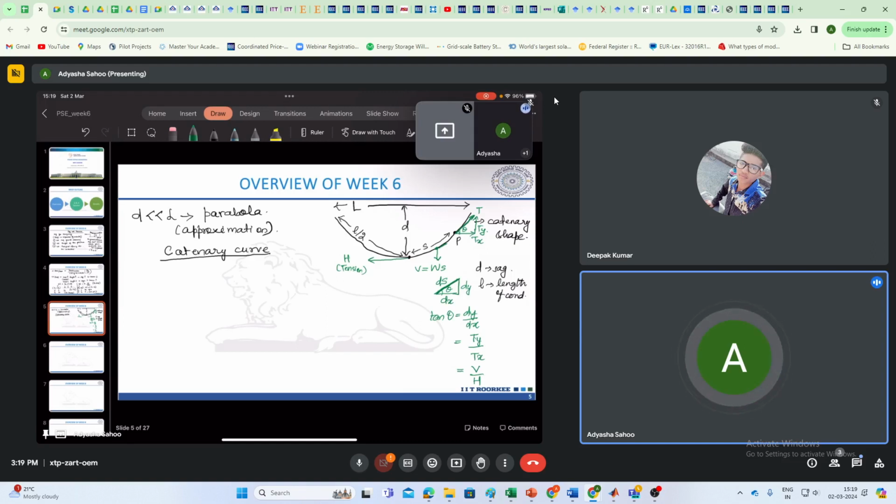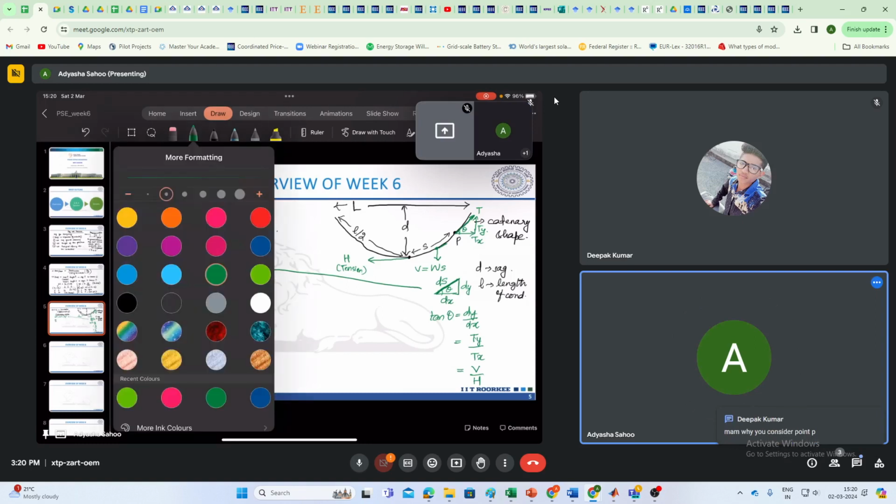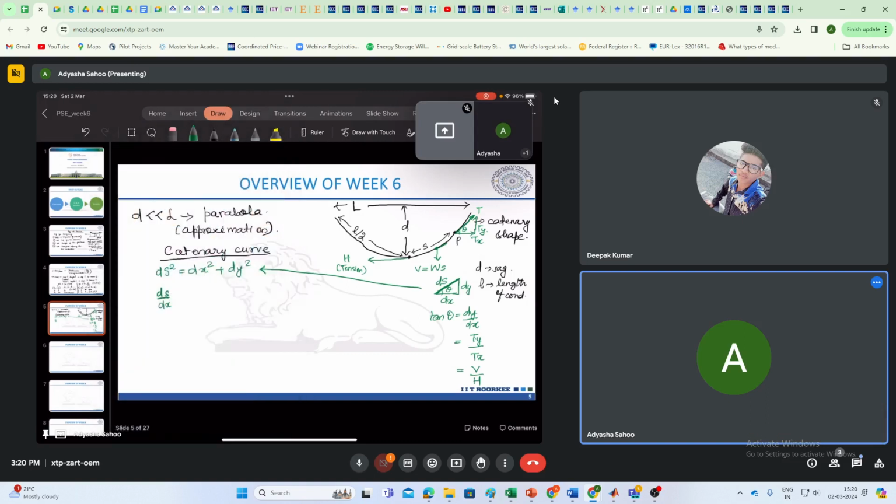So starting with, I can write ds square as dx square plus dy square. Basically this is the vector equivalent of this triangle. If we divide both sides by dx, we get ds by dx equals square root of 1 plus dy by dx square.